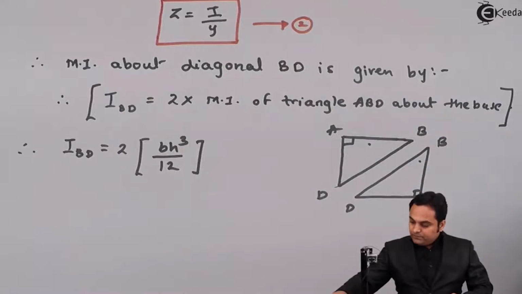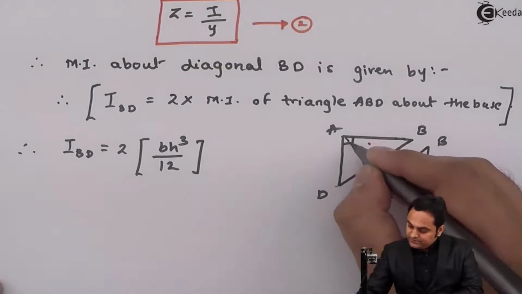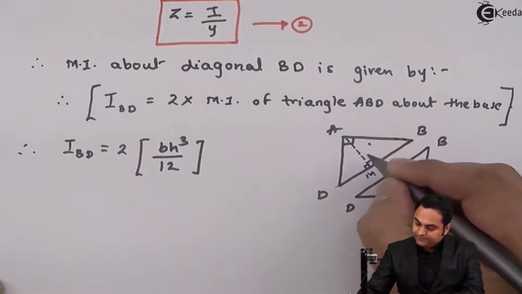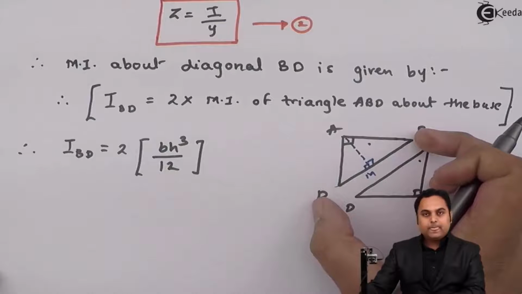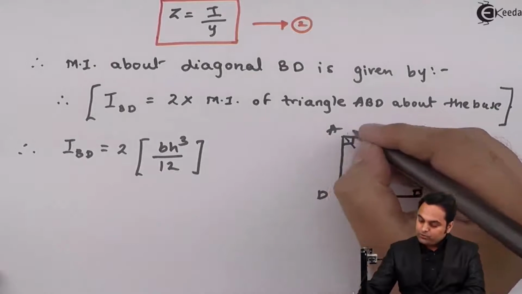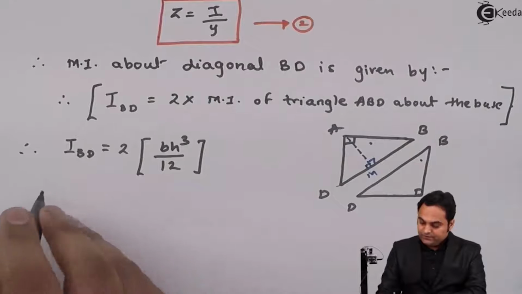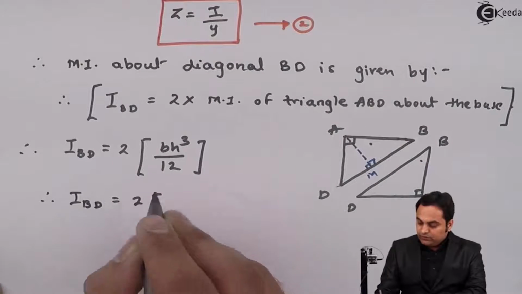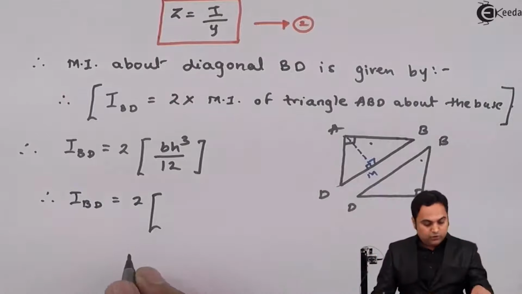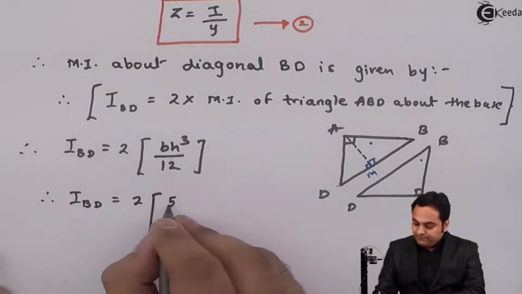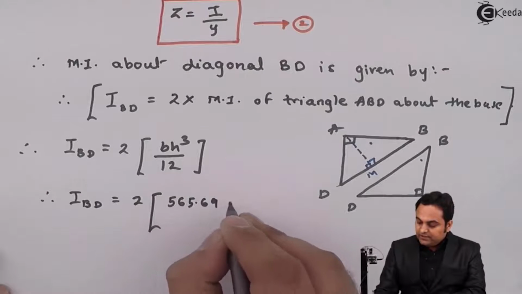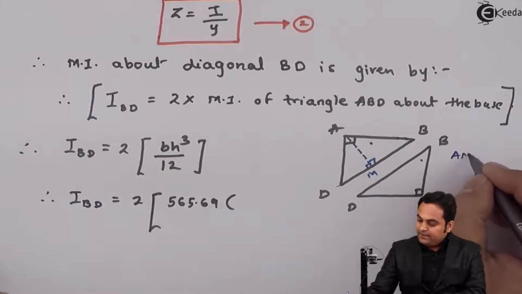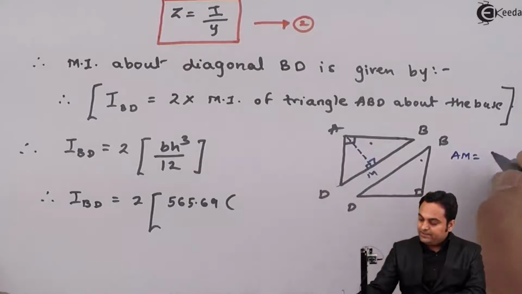Now the distance AM is considered as the height, and this is the base BD. Therefore, I suffix BD is equal to 2 into the base BD, whose value was 565.69. Now this height AM, I'll calculate at the side.